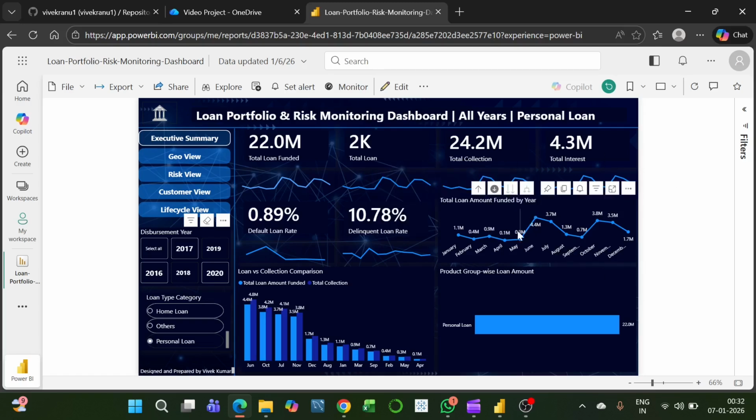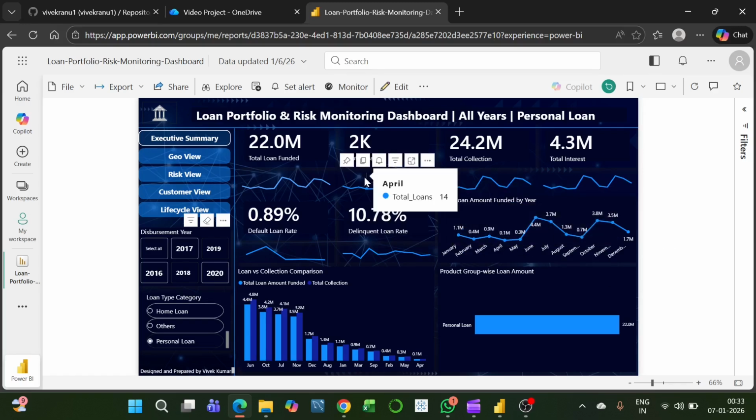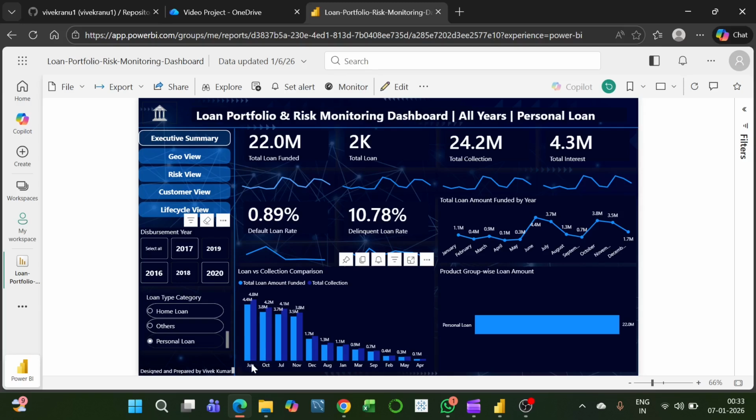It is almost 4.4 million, and within 2 years the total loan distributed was almost 2000. You can clearly see here in June and October the loan amount that was funded and the collection that the bank has got from the customers.